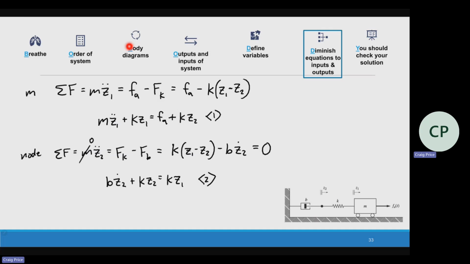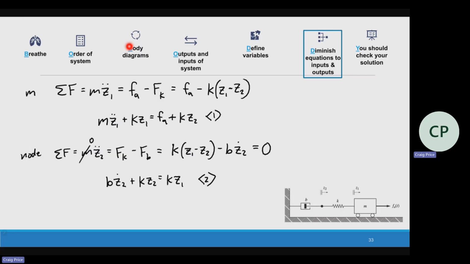I see we have same terms. The problem is that that would give me a z2 dot and a z1 double dot in the same equation. I do not want to have two different output variables, two different sets of derivatives, because that's not a nice ordinary differential equation. I just need to have one output with derivatives. So we're actually going to keep these separate.